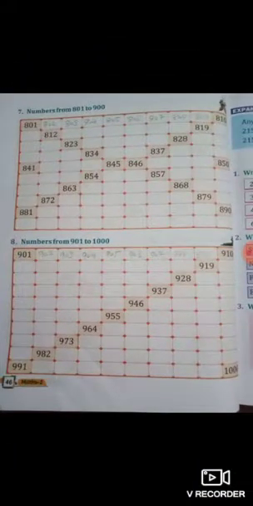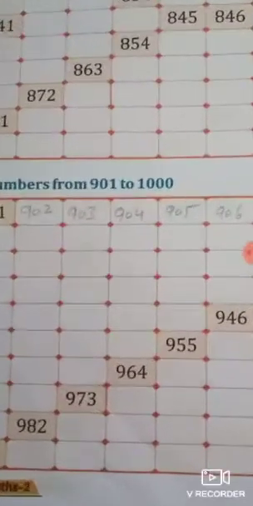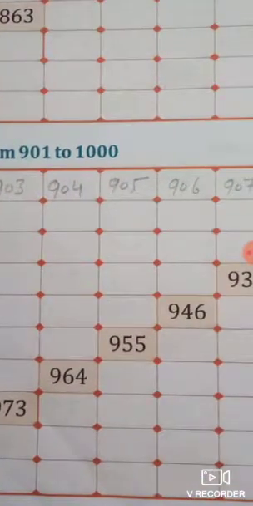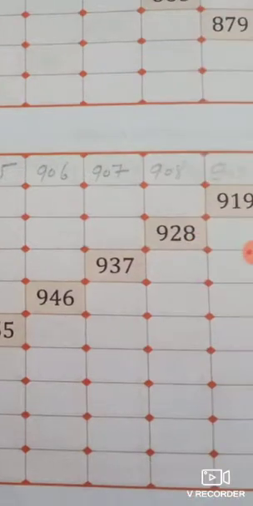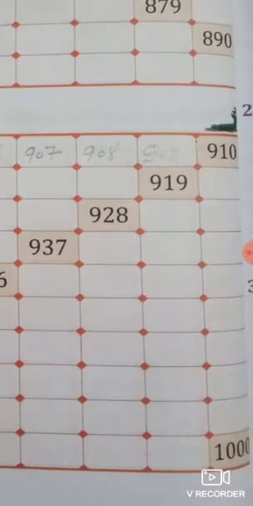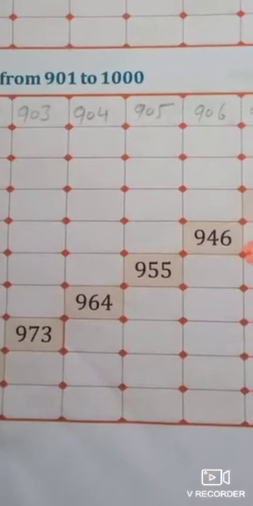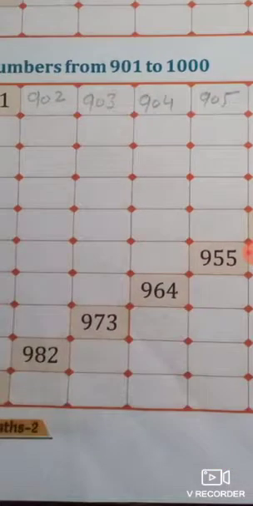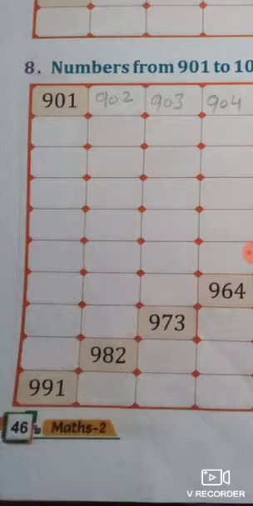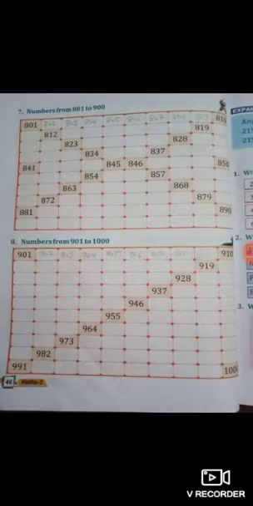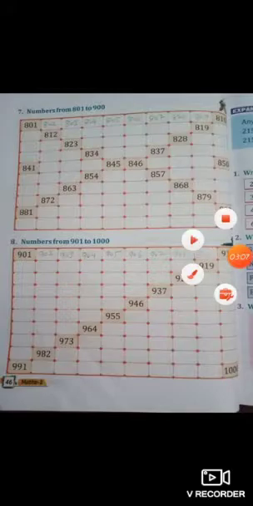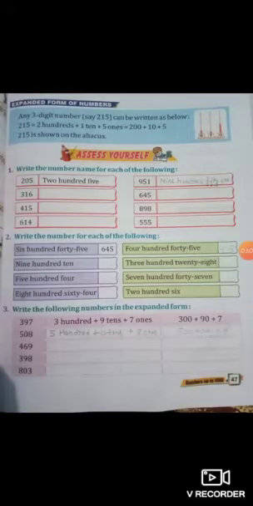And question number 8, numbers from 901 to 1000. 901, 902, 903, 904, 905, 906, 907, 908, 909 and 910 and so on. So children, you can fill it very easily, so you will fill the rest of the blanks yourself.